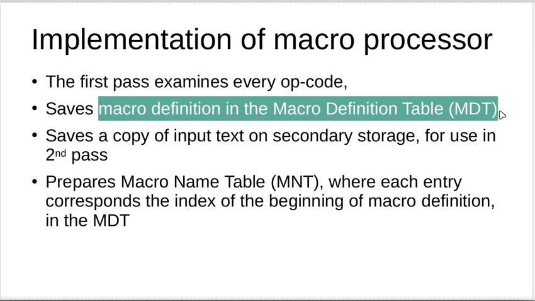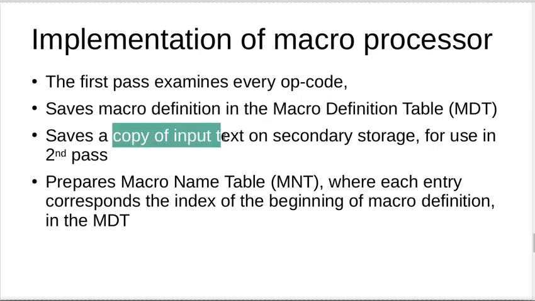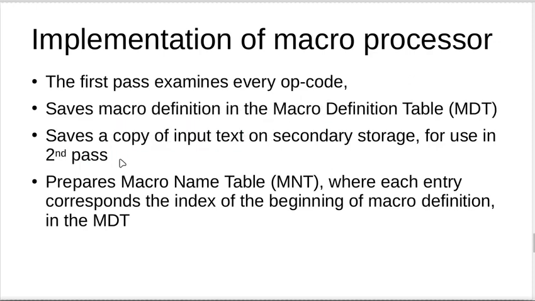Next, the processor saves a copy of the input text on secondary storage for use in the second pass. So whatever source code is fed to the processor, first it identifies and saves the macro definition in the macro definition table. Secondly, it saves a copy of the input code on secondary storage for later use by the second pass. There are also other tasks.